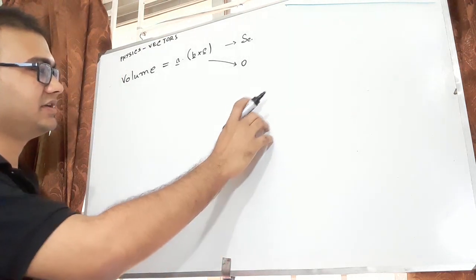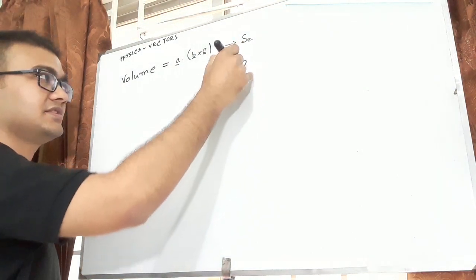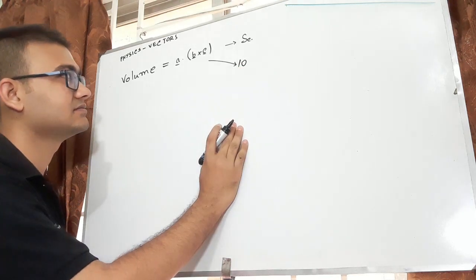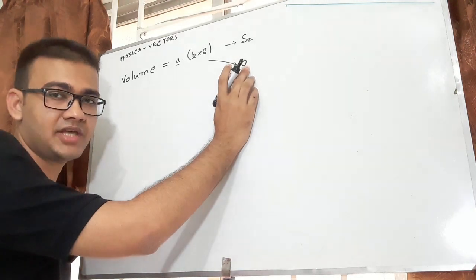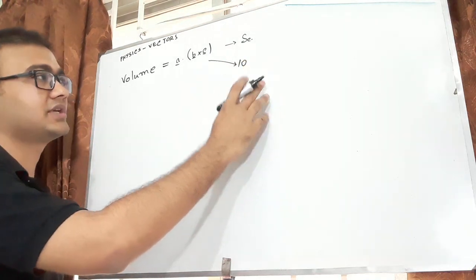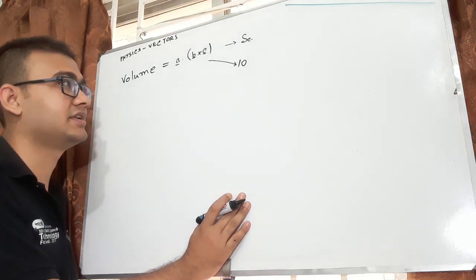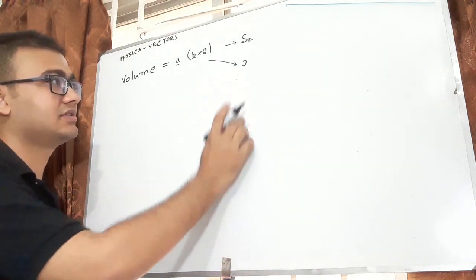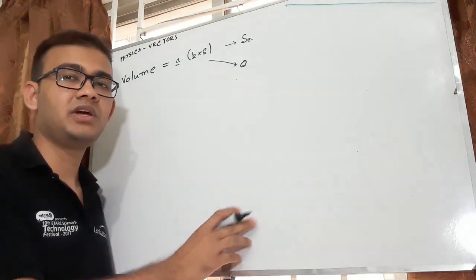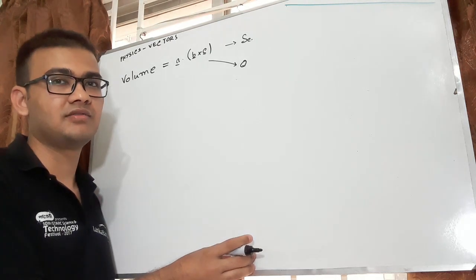If it doesn't come 0, say the answer came 10, then we can say that the volume of the 3D object was 10. And if it comes 0, then the three lines are in the same plane. They might create an area, but they will not create a 3D volume.